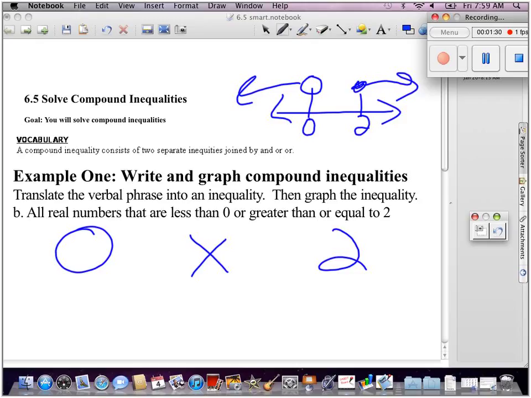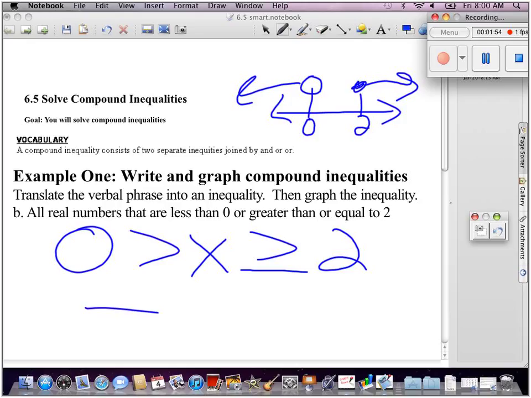The alligator should be eating the 0 because X has to be smaller than 0. Or greater than or equal to 2. Which way should the alligator be eating? The X. And it should be underlined.